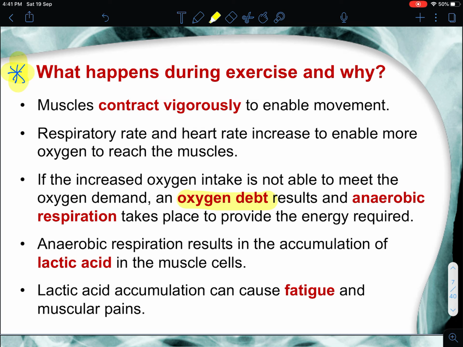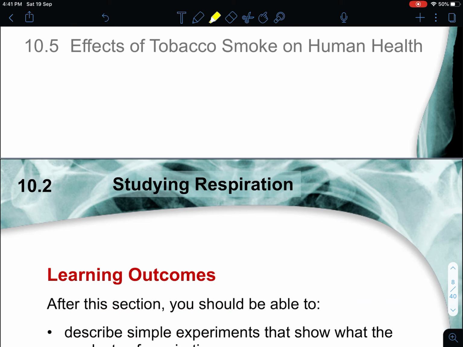The lactic acid has another effect: the lactic acid accumulated in the muscle will cause you fatigue and even muscle pain, such as muscle cramp. When you have a muscle cramp, your body cannot even move at all. This will slow you down, and therefore your body will be able to take in even more oxygen by reducing your physical activity, and will repay the oxygen debt.